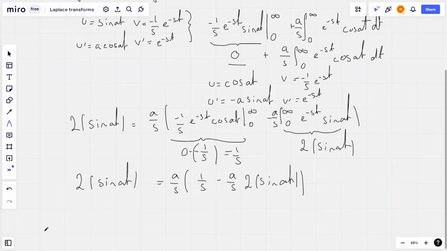times the Laplace transform of sine of at. So now we just need to rearrange for the Laplace transform of sine.